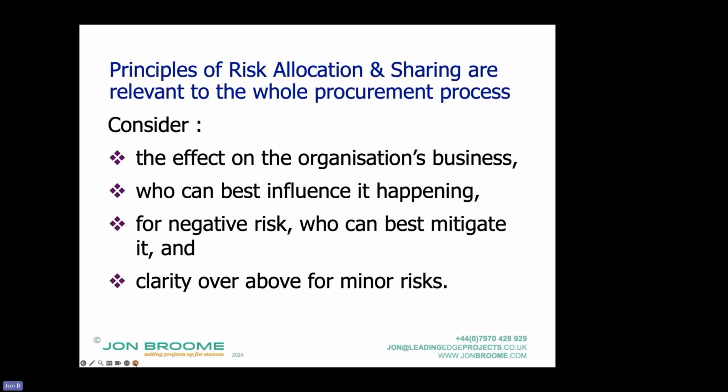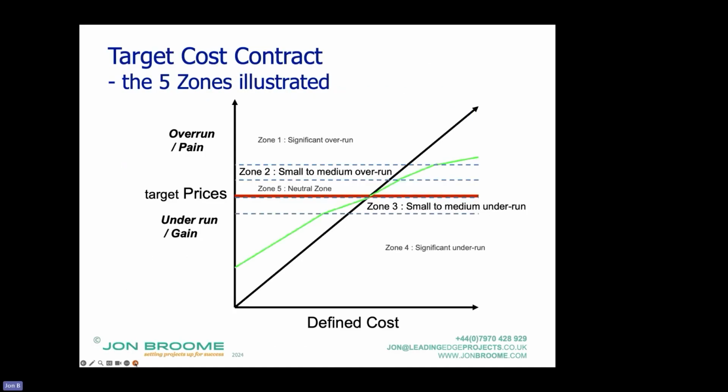If we think about that a bit more in depth around principles of risk allocation and sharing, I divide it up into 5 areas. They all interplay, so you do have to think about the interplay, but zone 1 is effectively a significant overrun. If the client is much more financially strong, they effectively act as the insurer.